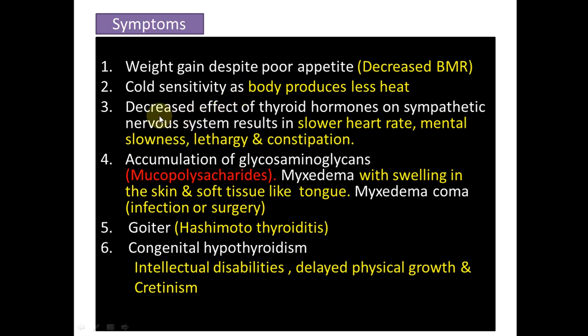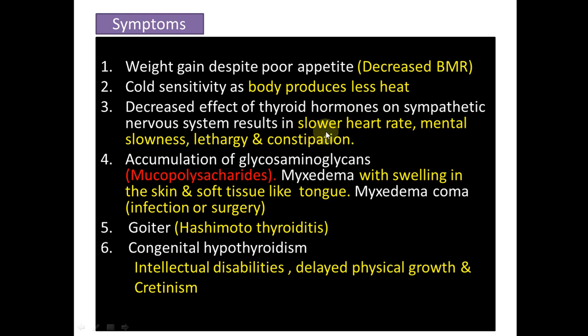As we know that the thyroid hormones are very important for stimulating the autonomic nervous system or sympathetic nervous system, and particularly it stimulates the cardiovascular system and central nervous system to the effects of catecholamines. So when there are no thyroid hormones or decreased thyroid hormones, what will happen?